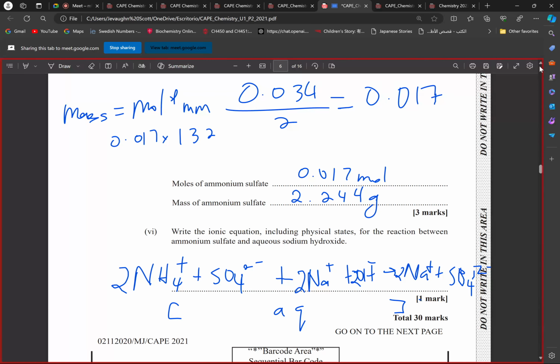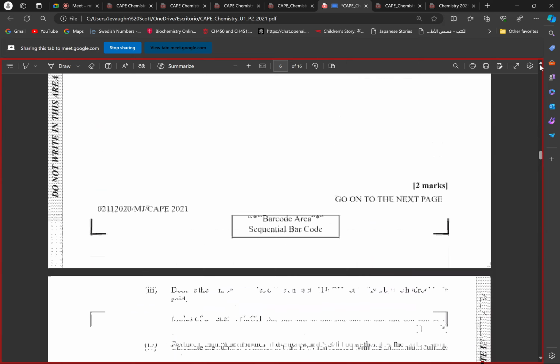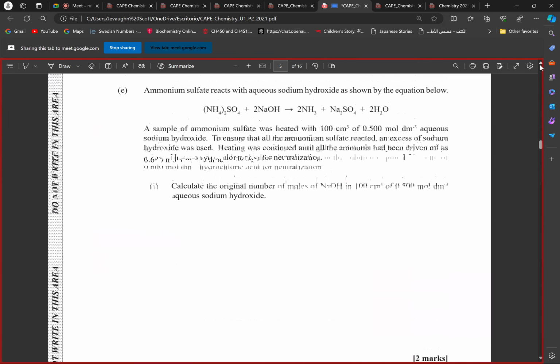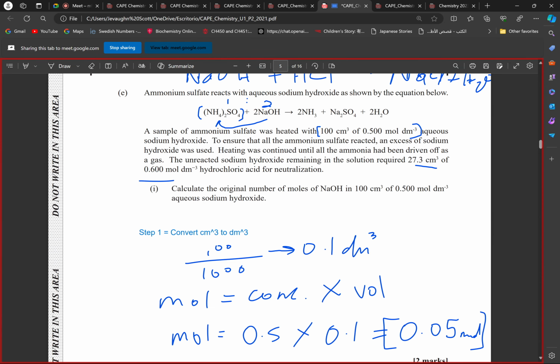Wait, let me look at the reaction, because I'm doing this without looking at the reaction. Let me have a look at the reaction. Let's see. Oh. Okay. Hold on. Ammonia and water would be our products. Oh, so that's what I did. Alright, so if we look at it, within an ionic equation, do we still keep the neutral molecules?